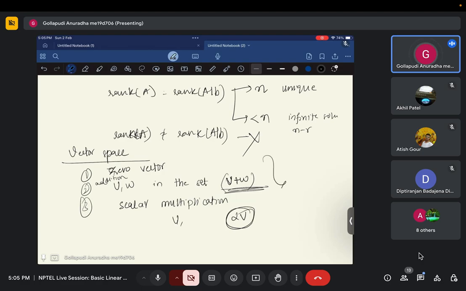Similarly for the scalar multiple. If all these three conditions hold, then we can say that the set of vectors forms a vector space, and then we can find the basis also, and the number of basis vectors we get will be the dimension. So that's what we discussed in today's session.